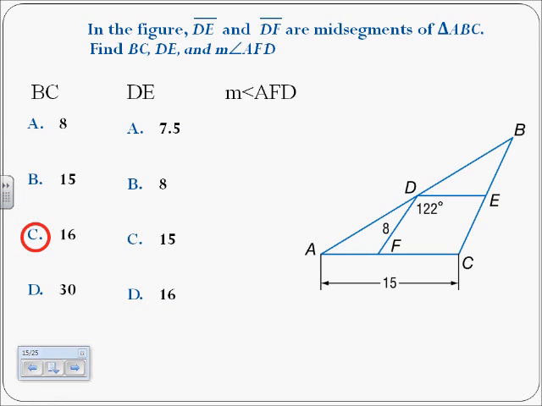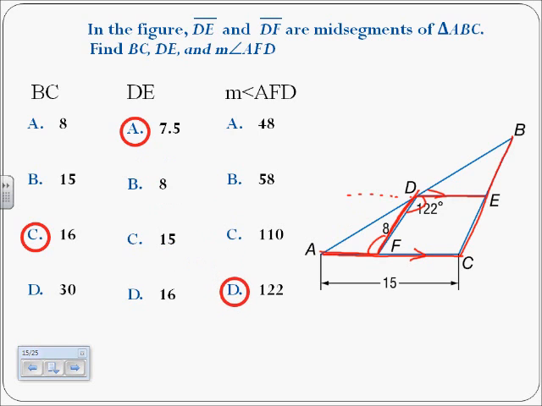Looking at DE, we know that if AC is 15, I'm trying to find DE, and this is a mid-segment, then I know that's going to be half of that, which will be A, 7.5. And lastly, looking at AFD, angle AFD, we know that DE is parallel to AC. If we extend out our line here, we have alternate interior angles, so therefore 122 is the measure of that angle. Again, just applying the rules of the mid-segment theorem.